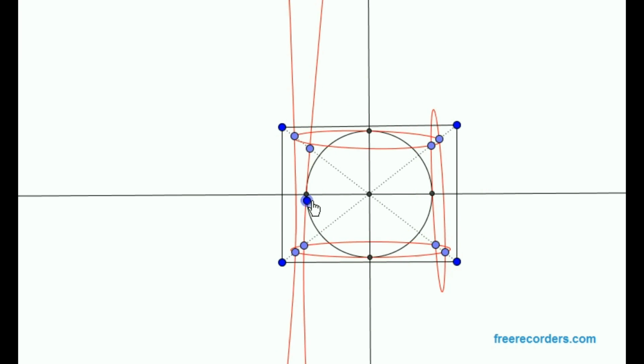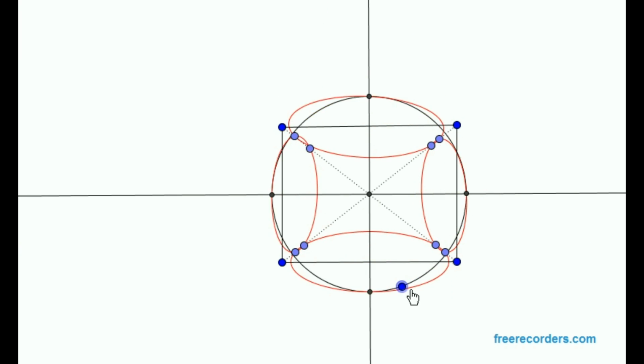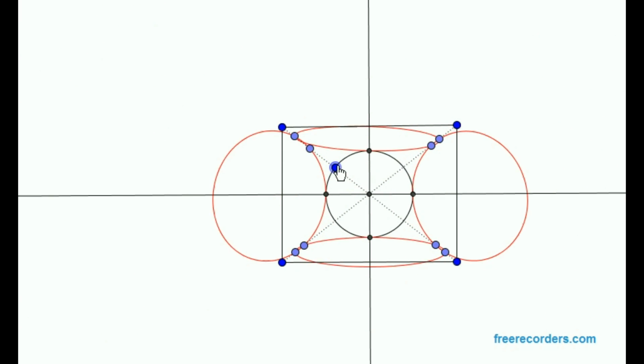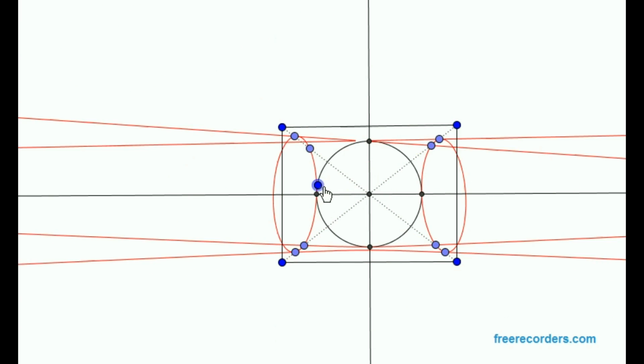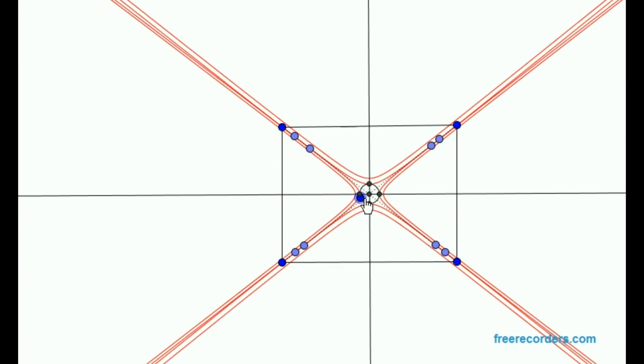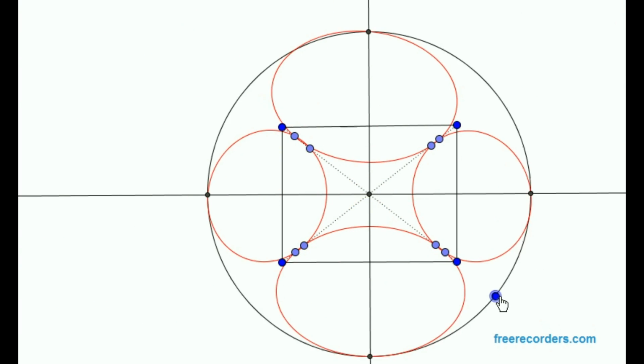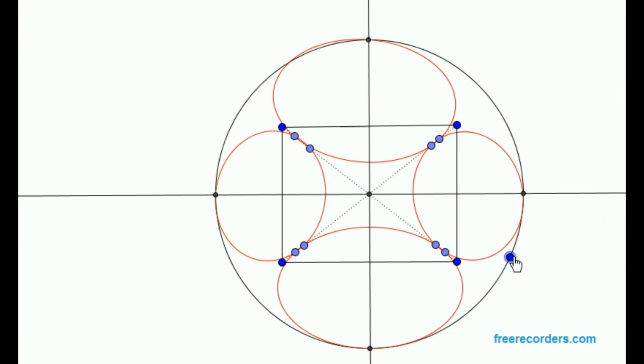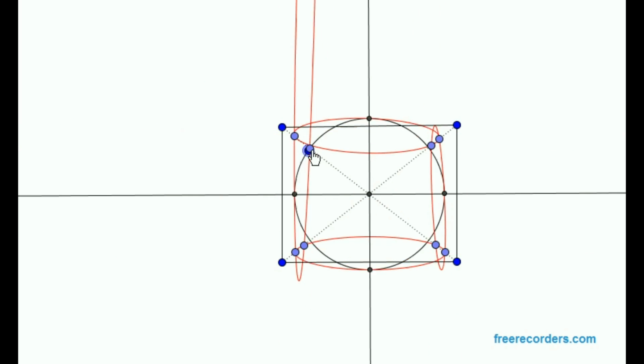It's interesting to see what happens when it goes inside the circle as well, and we can get hyperbolas instead of ellipses and all sorts of things. We can get petal shapes and many interesting things.